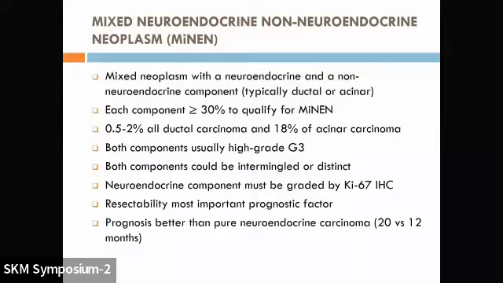One important thing about this tumor is that you have to do a Ki67 immunostain to characterize the neuroendocrine component. The reason is that the biology of this disease is dictated by the neuroendocrine component. And it has been shown that MiNENs have better prognosis than a pure neuroendocrine carcinoma or a pure ductal adenocarcinoma or a pure acinar cell carcinoma.